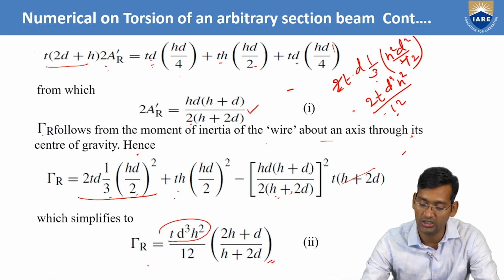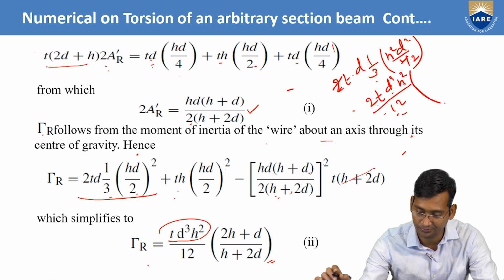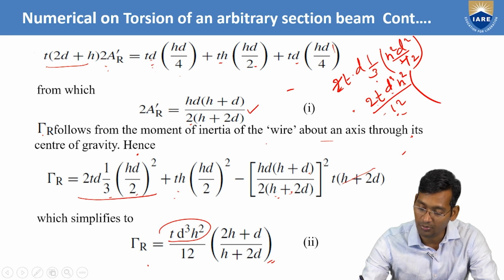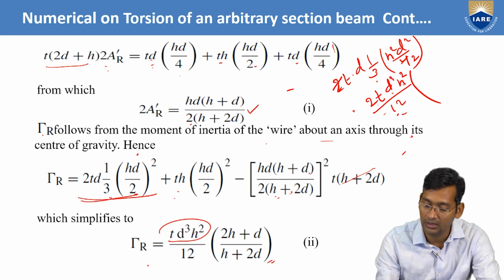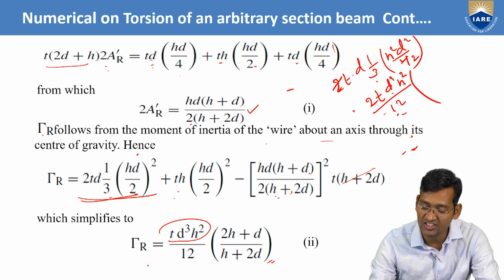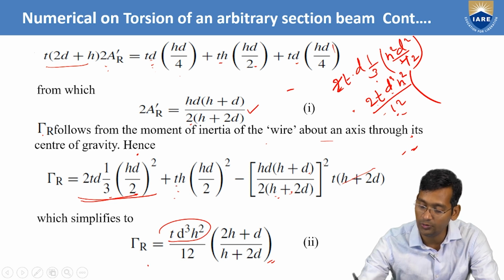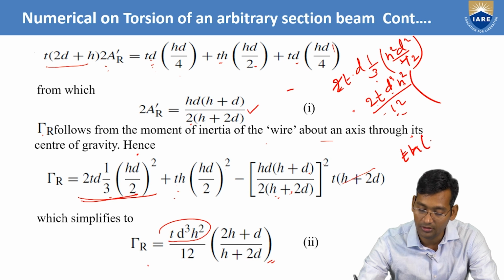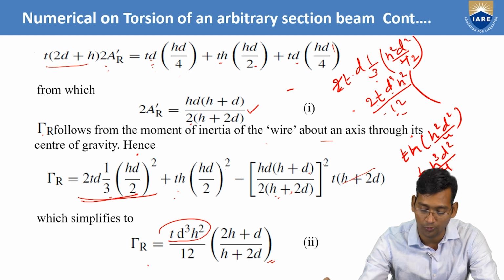So we will get 2T D cubed H square by 12. This is the first term. Now plus, what we will get from here is TH into HD, so H square D square into TH. TH into H square D square by 4. After multiplying, we will get T H cubed D square by 4.